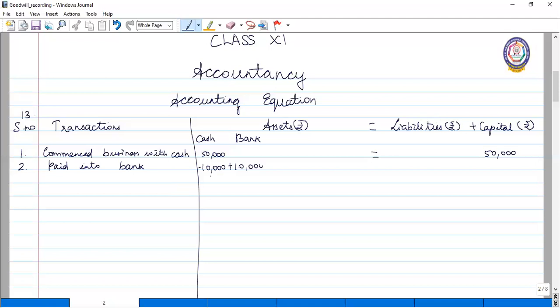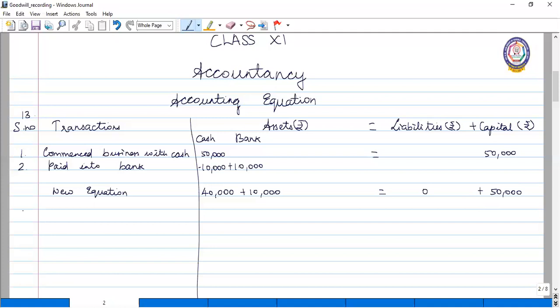So here this transaction has the effect on the asset side itself. So now new equation. We have 40,000 cash in hand and 10,000 cash at bank, zero liabilities plus 50,000 capital.